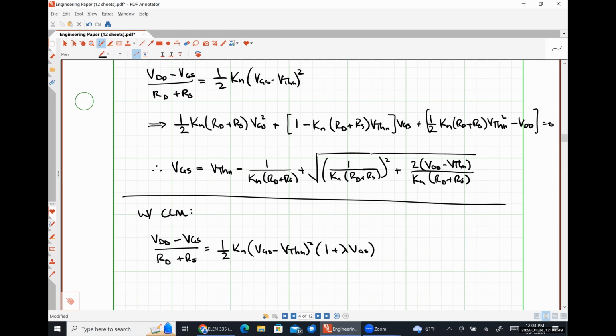Only one of the three solutions will be a positive number. That's the correct one.